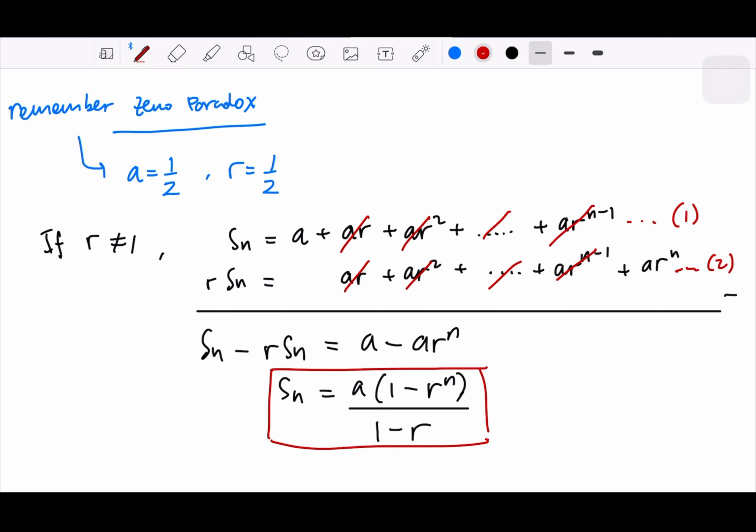Remember, R to the power of n is similar to what we discussed before when we took the limit of a sequence.